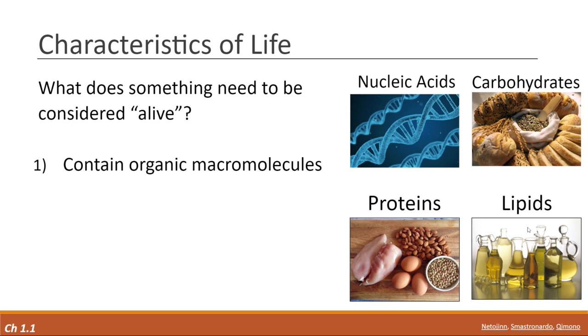These would be typically triglycerides, or in our body, also phospholipids and steroid hormones. So, fats are a big part of living organisms. And of course, the information upon which to build them is coded for in our DNA, which is a representative of a nucleic acid. So, all life that we're aware of contain these four macromolecule groups.